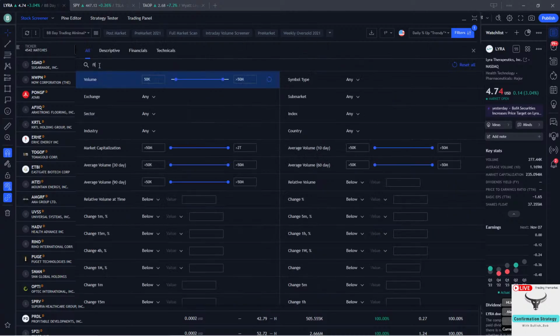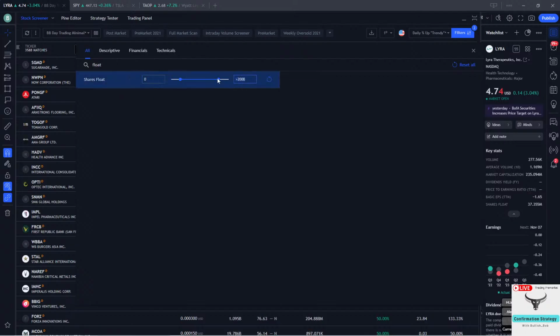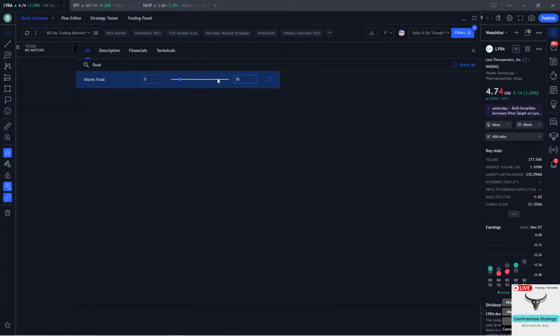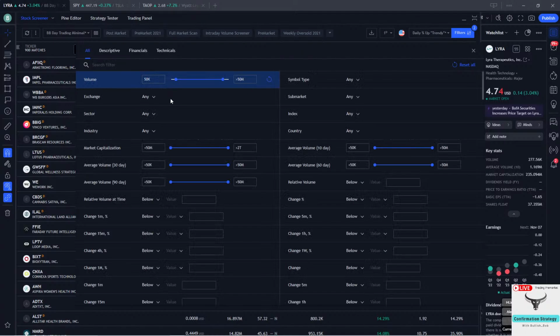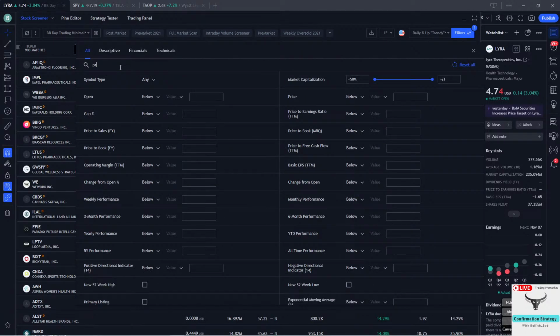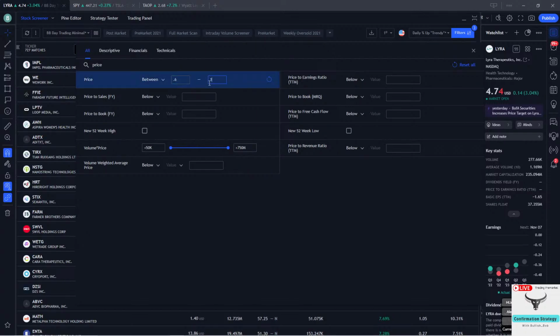If you don't trade low float stocks, you can manipulate this a little bit. I'll change this to 0 and the other to 50 million, so 50M. I think that's good. Let's do the price as well. We'll do between 60 cents and $10. We'll just keep it short and sweet.